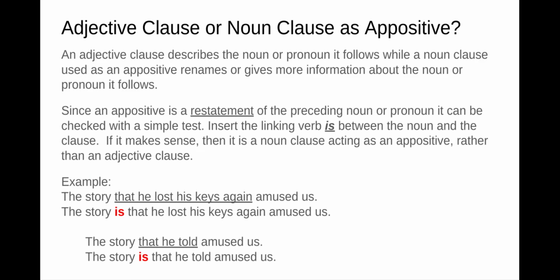If it doesn't make sense, that means it's an adjective clause. So when I stick is in there, it reads, the story is that he lost his keys again amused us. Now, does that make sense? The story is that he lost his keys again. It does make sense. So that is a restatement of what the story is. That makes that an appositive.